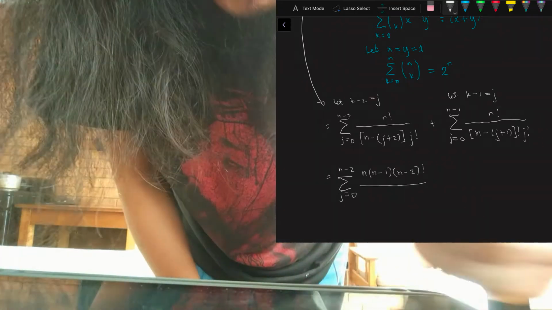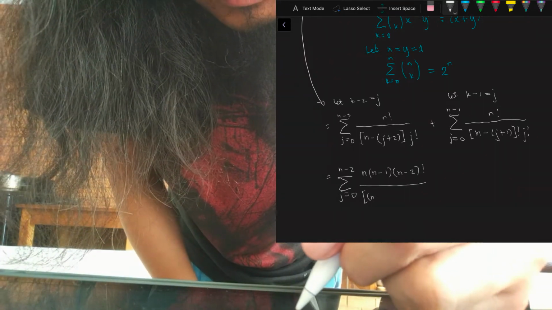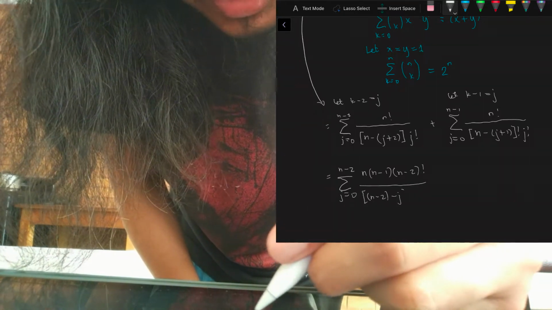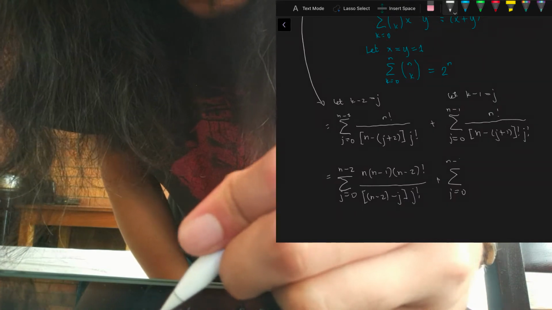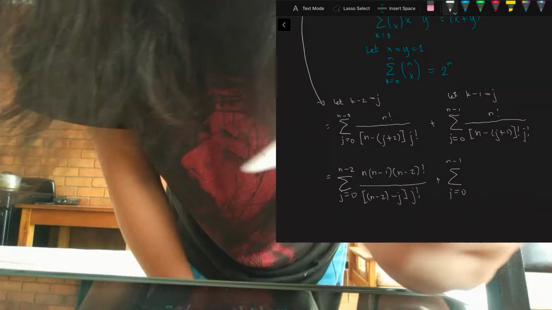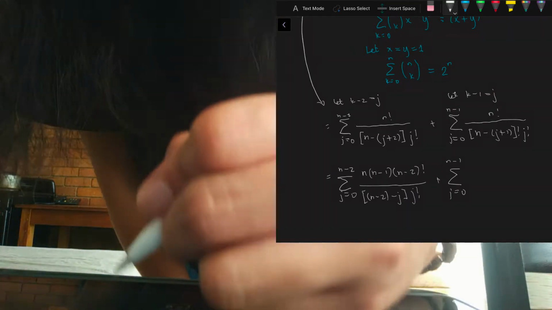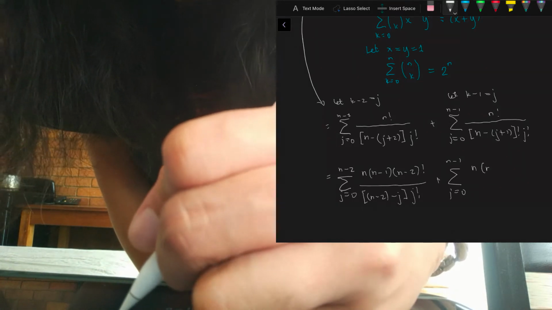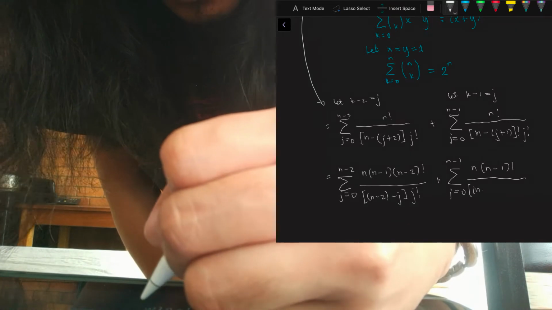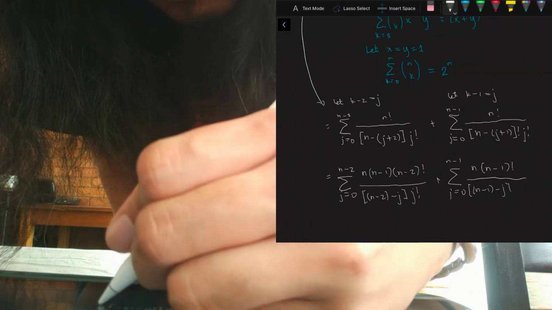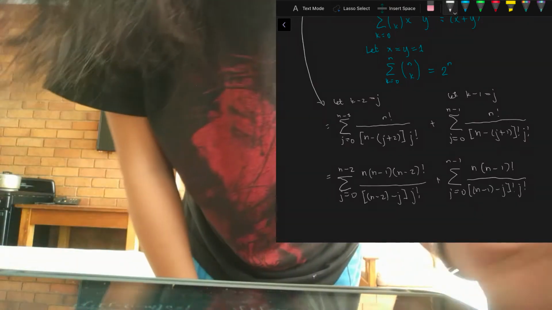And then the denominator, I can always write as n minus 2 minus j factorial. And of course, in the second term, you have summation from j equals 0 to n minus 1. So we want our numerator to have the form n minus 1. So we write n factorial as n times n minus 1 factorial. The denominator, you can write as n minus 1 minus j factorial, j factorial.